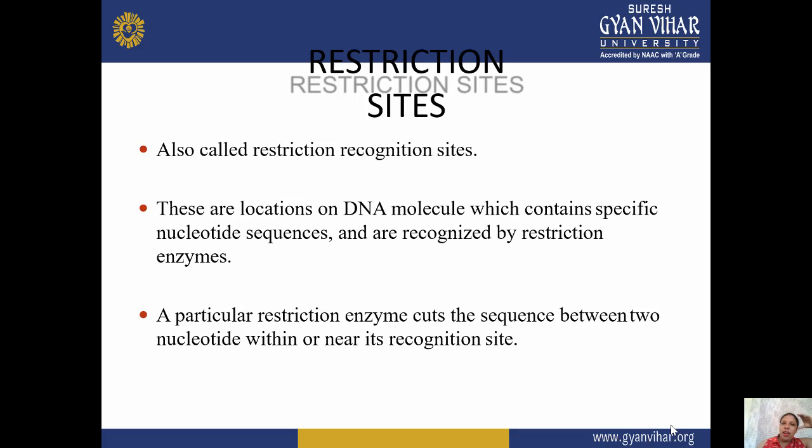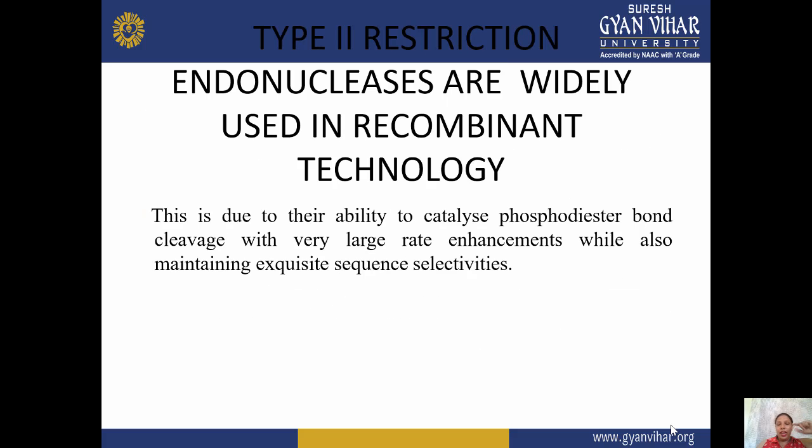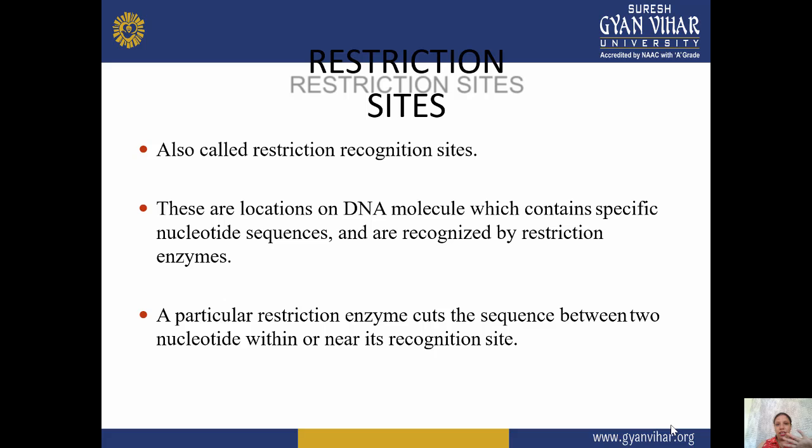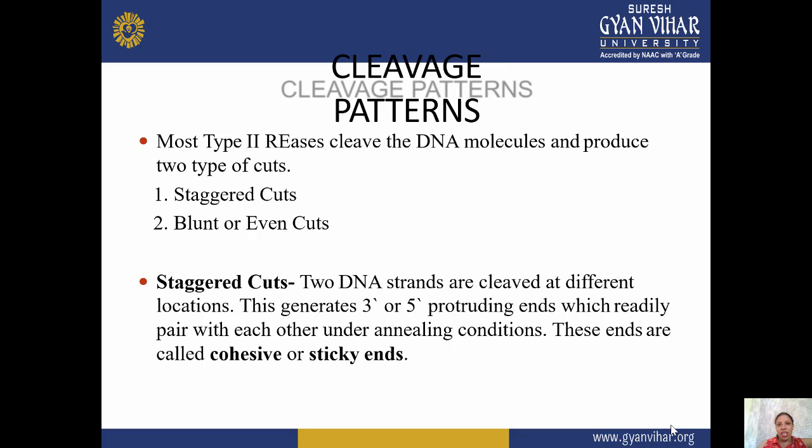Here we have discussed that the type 2 restriction enzyme recognizes restriction sites easily, and from there the restriction enzyme acts. For the cleavage pattern, we discussed staggered and blunt ends.